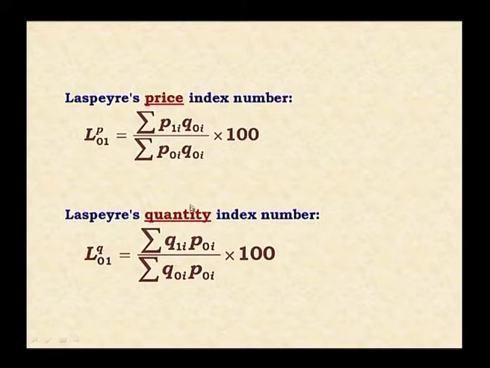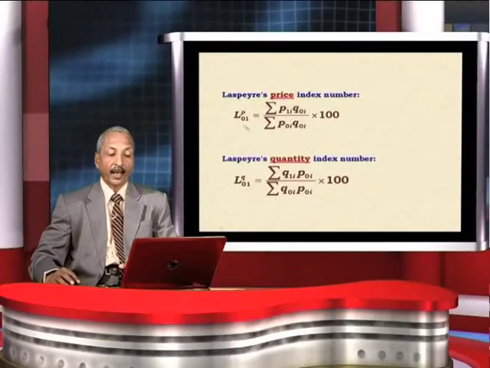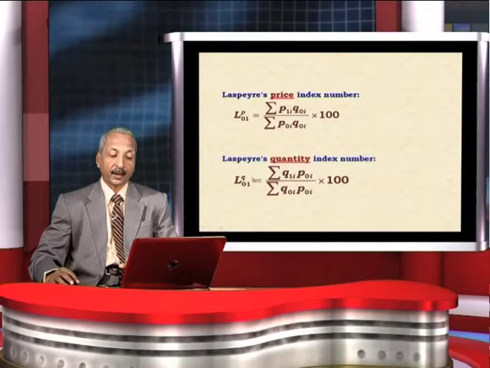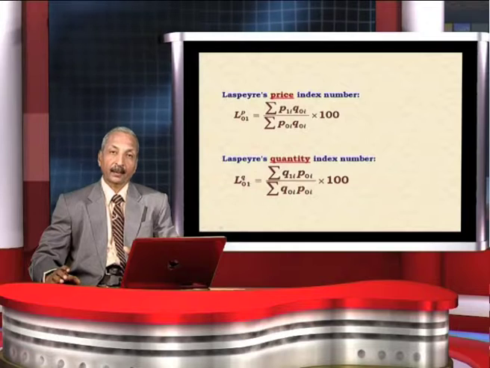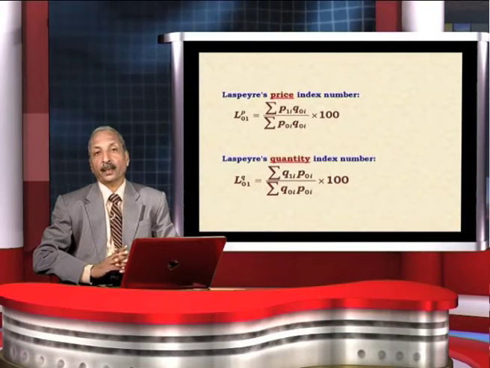Here we can see that in these two formulas, the P's are replaced by the Q's, and the weights are taken here as the prices of the commodities in the base year. So, L01P and L01Q are the price index number and quantity index number using the Laspeyres method.